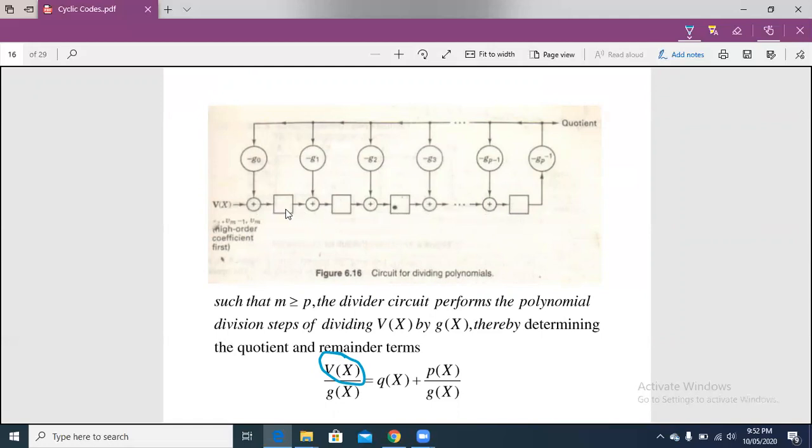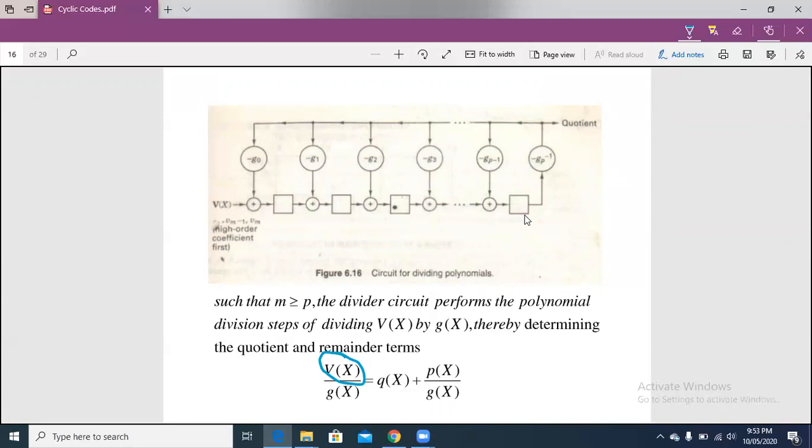For example, if we have 7 bits of the shifted version of the message to generate a 7-bit code word, we will have 7 shifts for this operation to complete.